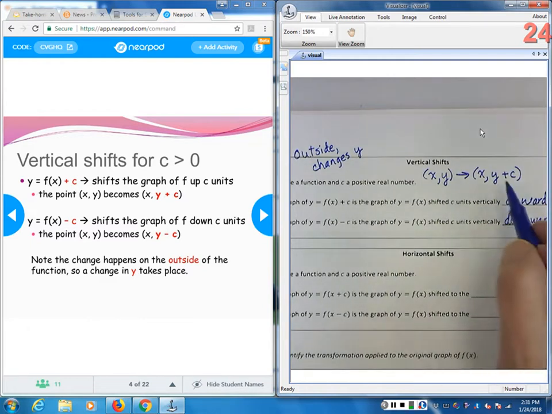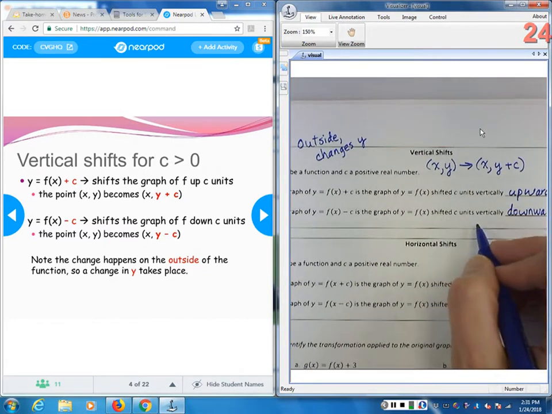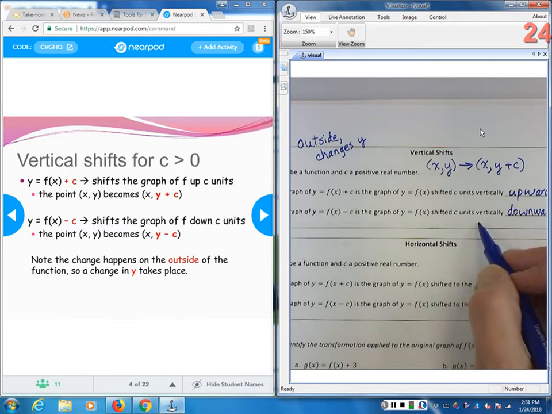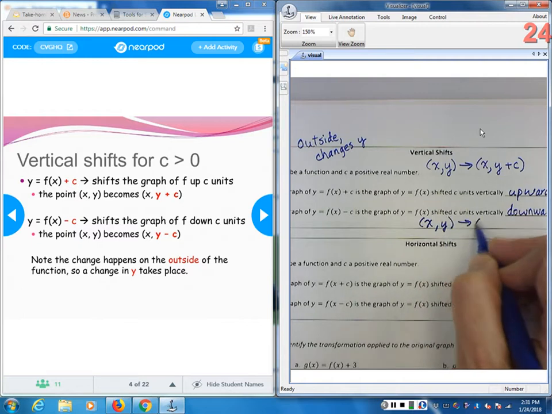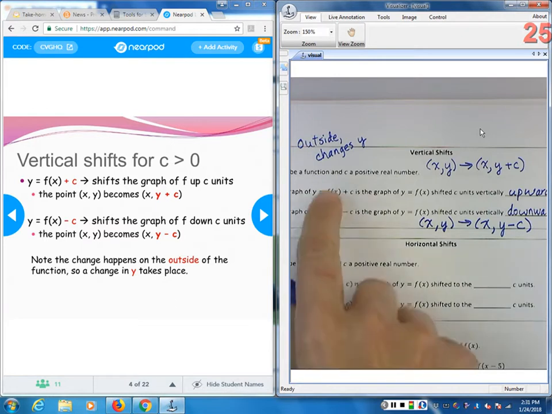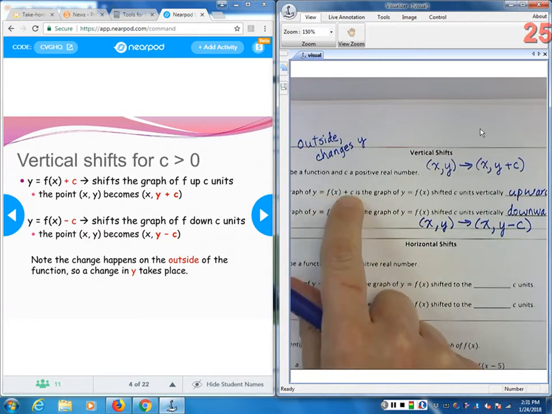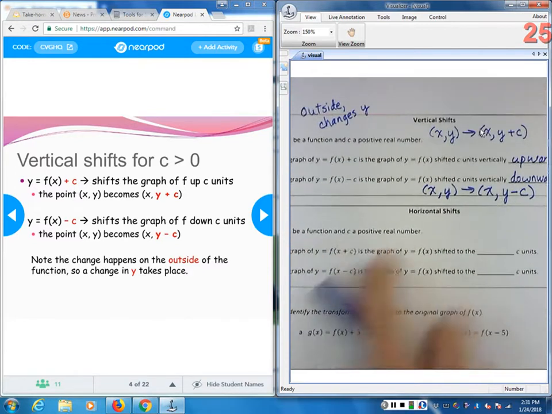You're going to add c to every y coordinate to shift it. If you're shifting vertically downward, you're going to subtract c. So x, y is going to become x, y minus c, and that's a vertical shift. So a change on the outside changes y. The function is here, and we're adding c outside the function. And then horizontal shifts, let's see.